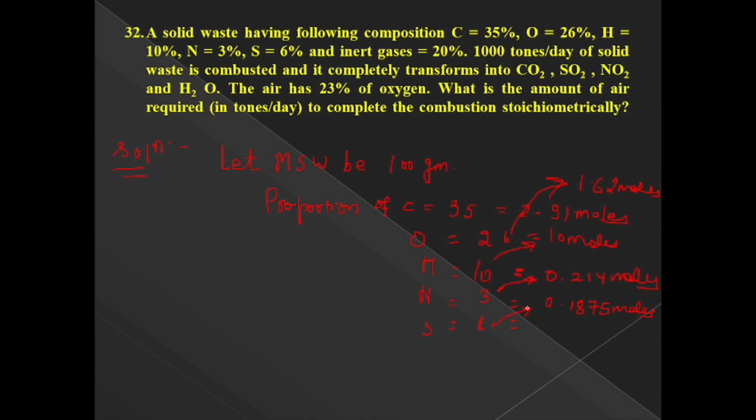Okay. Now they are responsible for carbon dioxide, nitrogen oxides, etc., each and everything. So here we have to write down a reaction on the basis of carbon 2.91 moles, oxygen 1.625 moles, hydrogen 10 moles, nitrogen 0.214 moles, and sulfur 0.1875 moles.